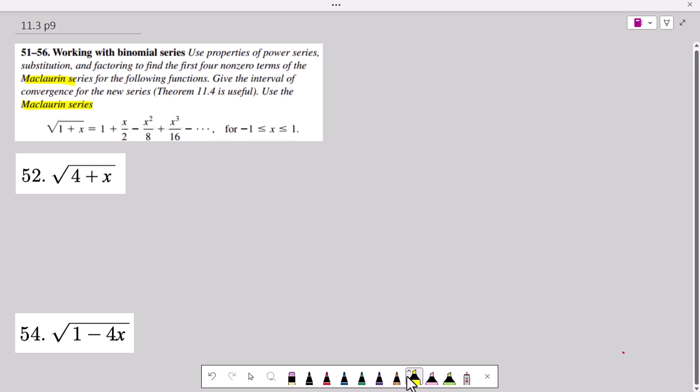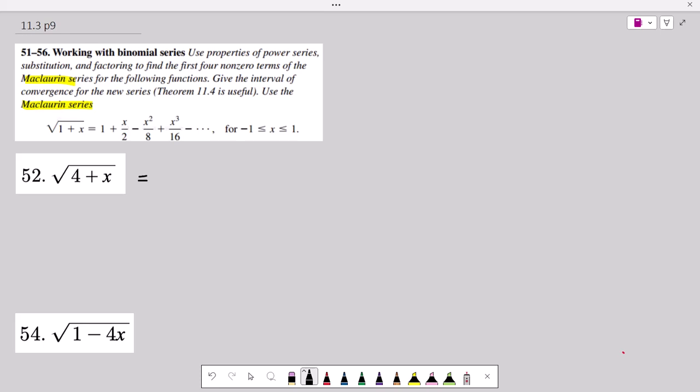Any idea how we can rewrite this so that we can find the Maclaurin series, using what's above? Something we've already done a bunch. We substituted x minus 3 for x.